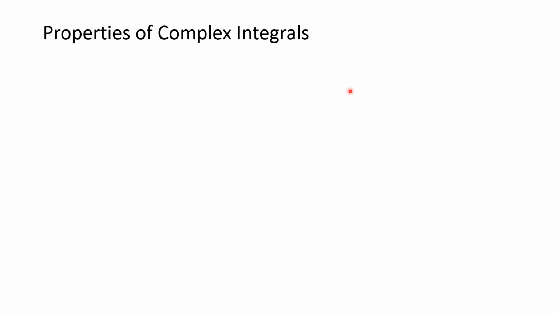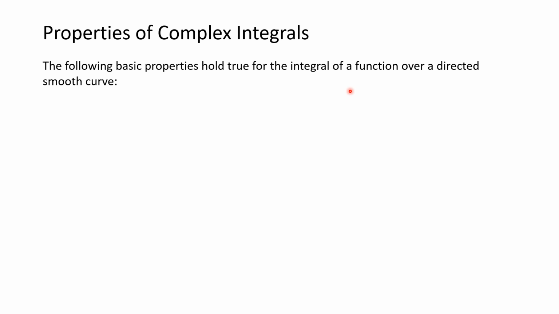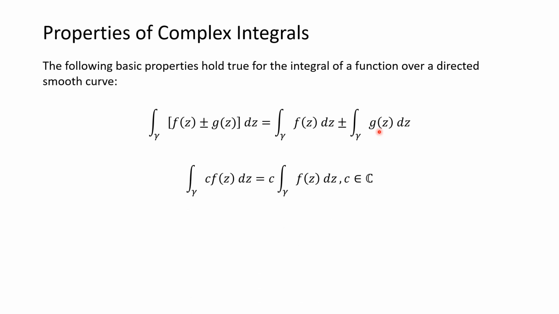We have some properties for complex integrals, which I'd like to go over here. The first one is that the integral over a directed smooth curve gamma of f of z plus or minus g of z is just the integral of each one of them separately. So very similar, actually exactly the same as what we have for real valued functions. Same thing for a constant. If you multiply by a constant, you can bring that outside of the integral.